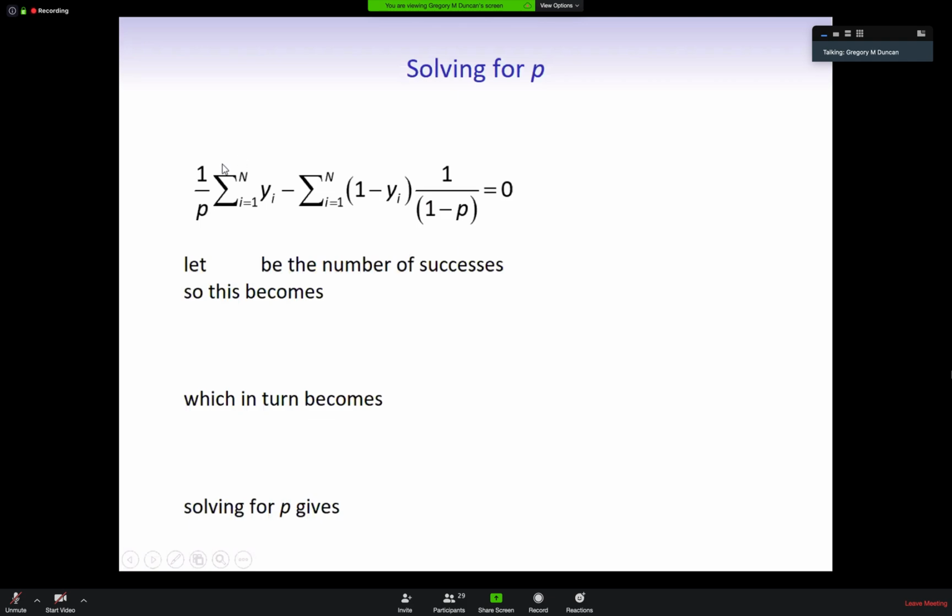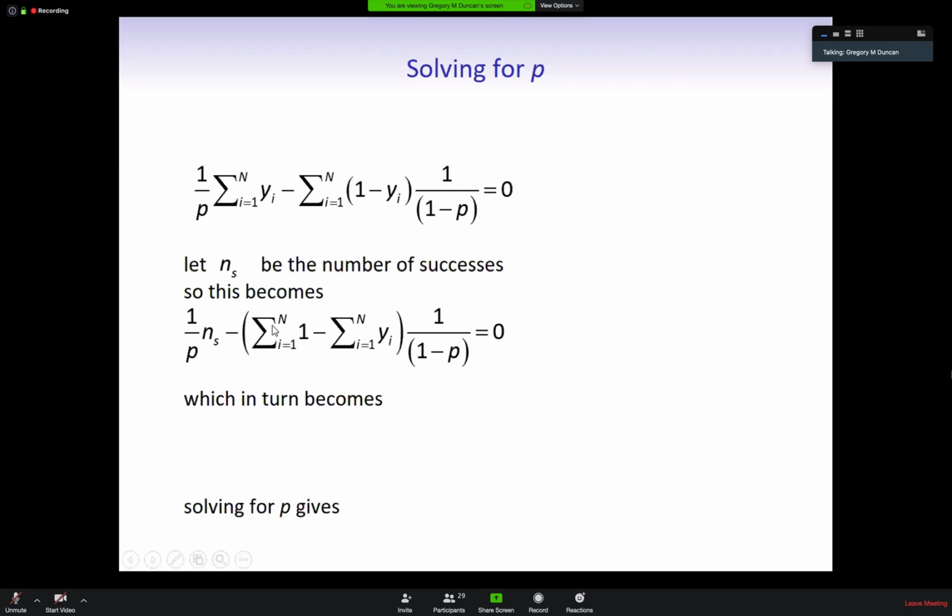Note, y is equal to 1 only if it's a success, and so the summation of the yi's is the number of successes. So we're going to let ns be the number of successes. And so this becomes ns.